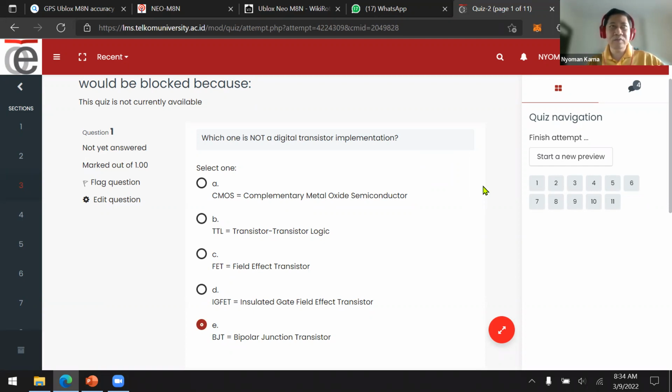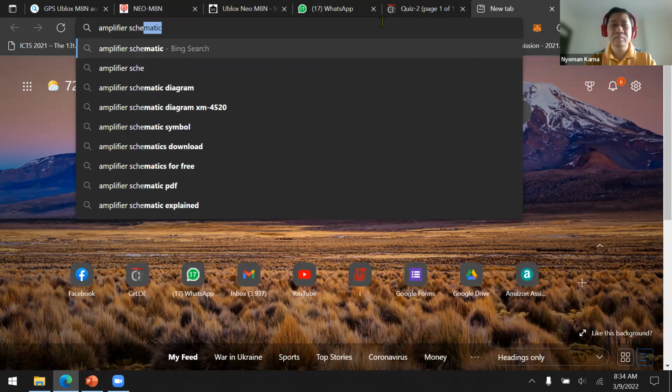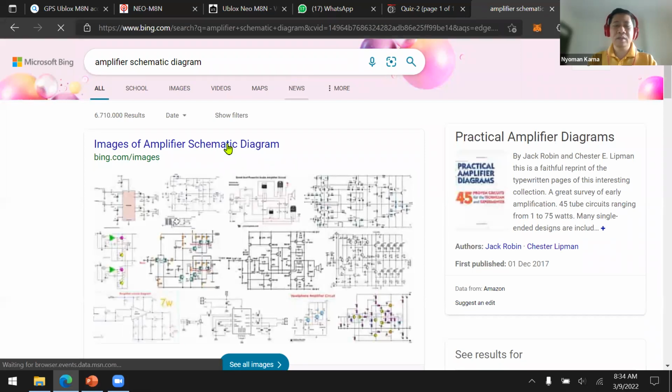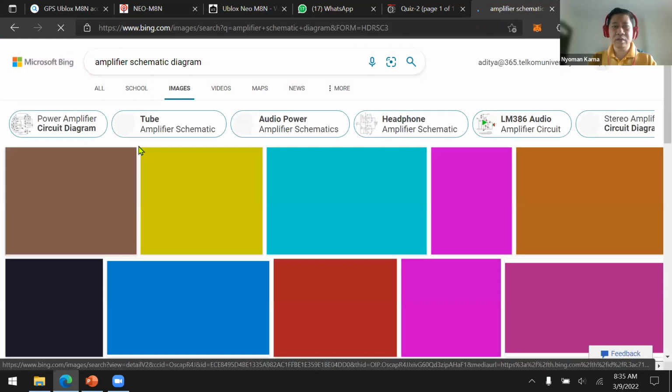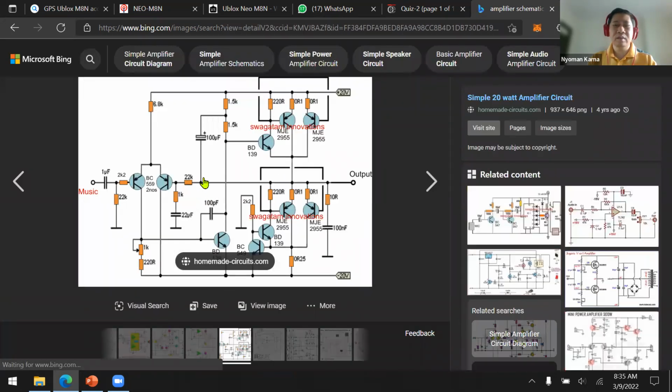BJT is usually used for amplification. For example, if we're going to create an amplifier, like this. This is the image of a reverse schematic diagram. Let's take a look at one example.